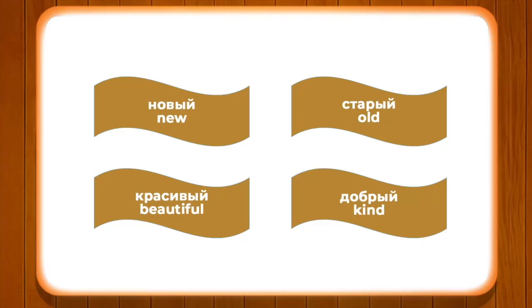Новый means new, stary means old, krasivy means beautiful, and dobry means kind. I would also like to discuss one important aspect of the language here, that all these endings which you have just seen in the previous part are ending with I and I kratki.